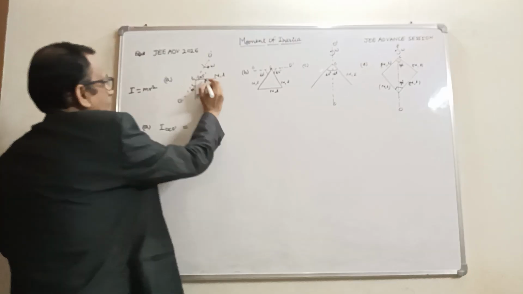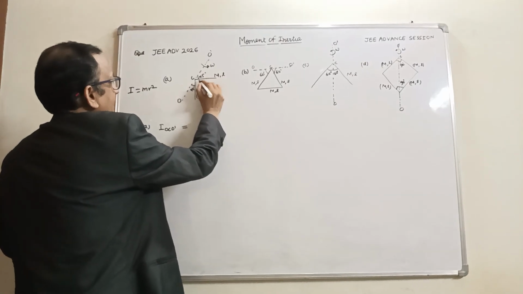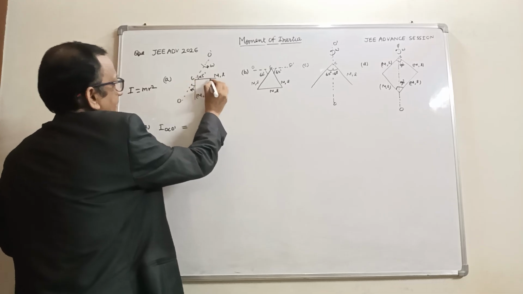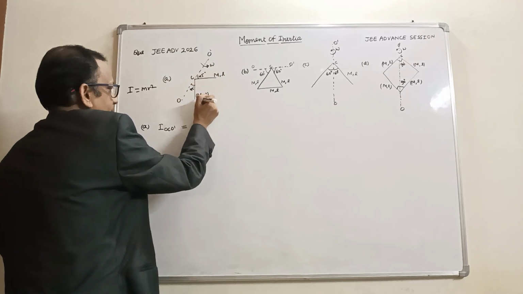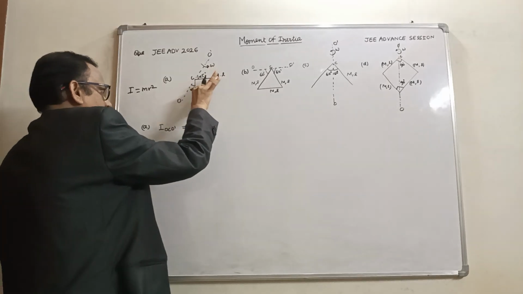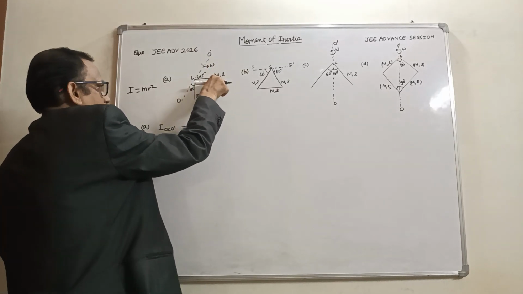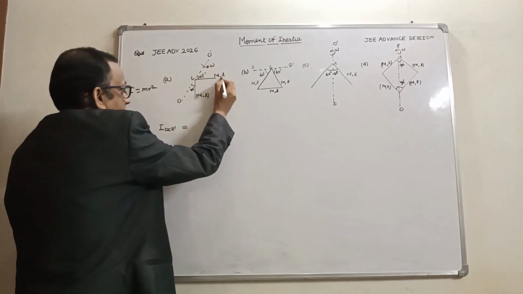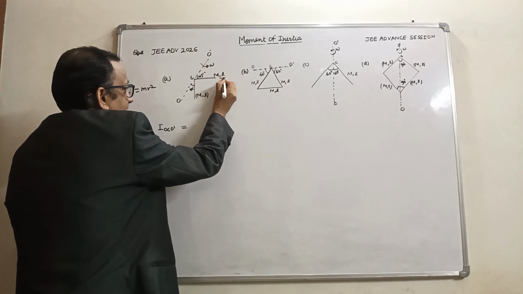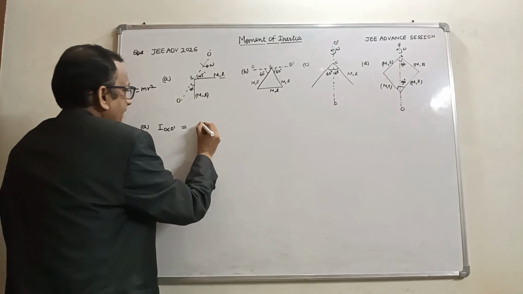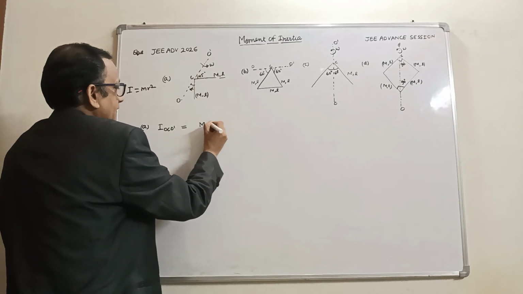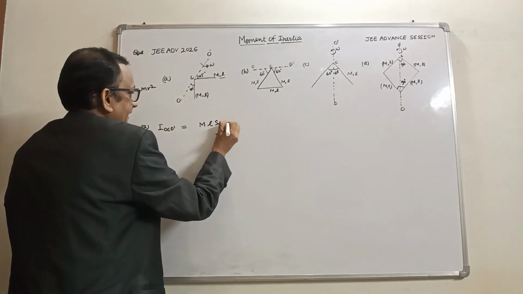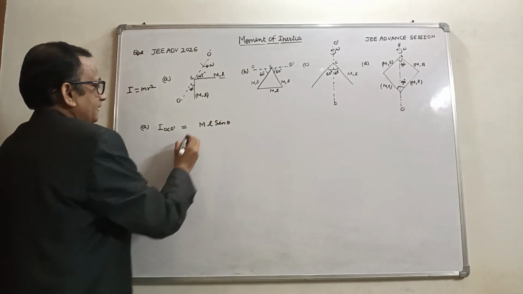So for both rods, दोनों रॉडों के लिए moment of inertia hinge point के about ml square by 3, इस रॉड के लिए भी ml square by 3 होगा, but the distance would change. So L would be L sin theta.